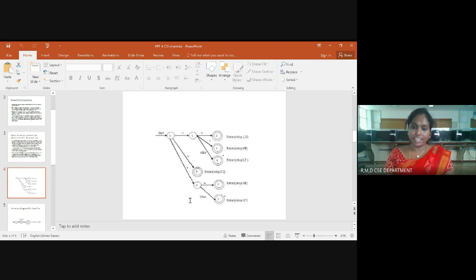If it is greater than, it will go to 3. If it is the other relational operator, less than, it will go to state 4. If it is 5, it means equal to. If it is greater than or equal to, it is 7. Other than that, it will go to 8. So this is the state diagram to represent the relational operators.